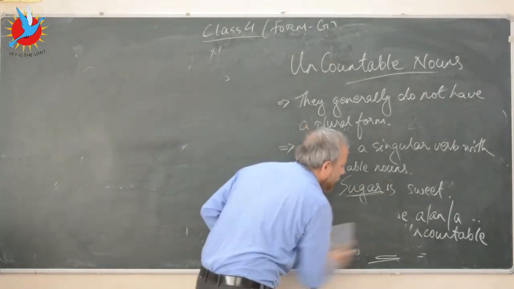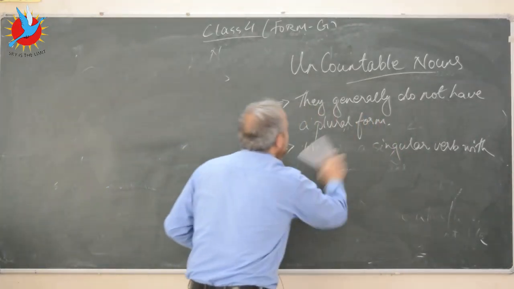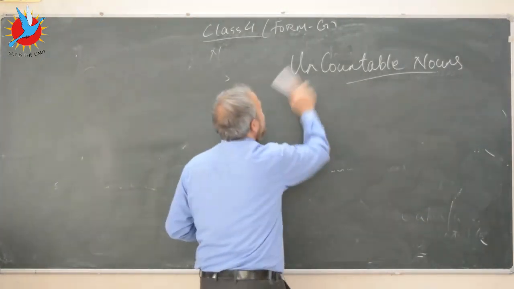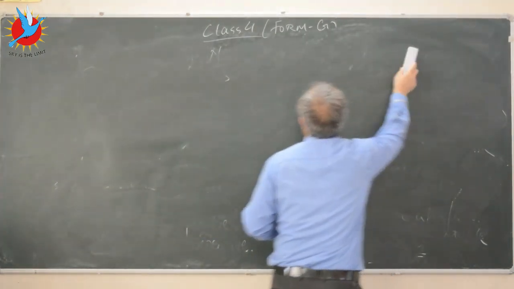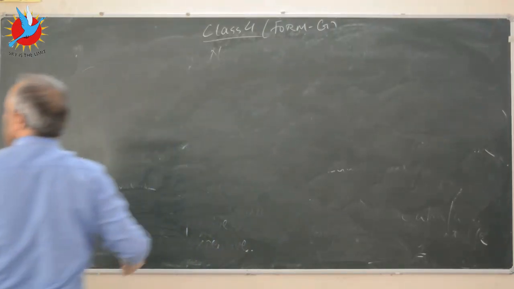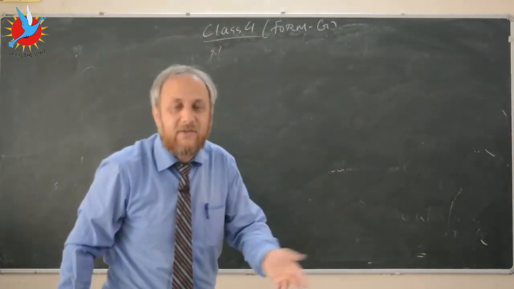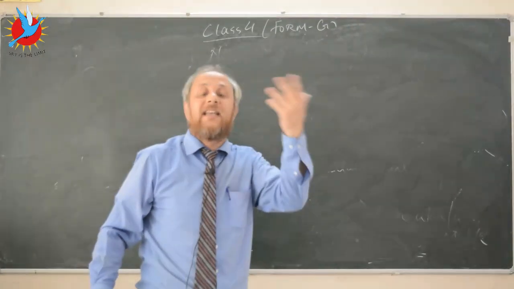I've already told you that these are nouns that we cannot count, in the sense I cannot say 1 anger, 2 angers, 3 angers, 1 love, 2 loves, 3 loves.